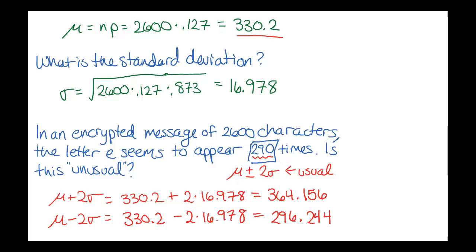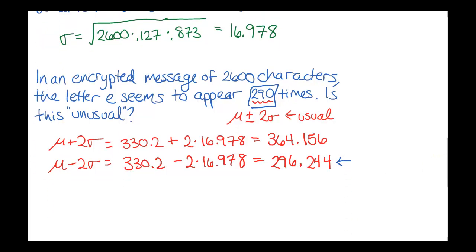Since 290 is less than our mean, we could just do the lower bound, but just to see what's going on here. 290 is below our lowest value in the usual range, which means that we would conclude that 290 is unusually low. What this means in the cryptography sense is maybe our decryption is incorrect. Maybe this isn't in English, since this probability is based on English letters. But there's something suspicious about this message.